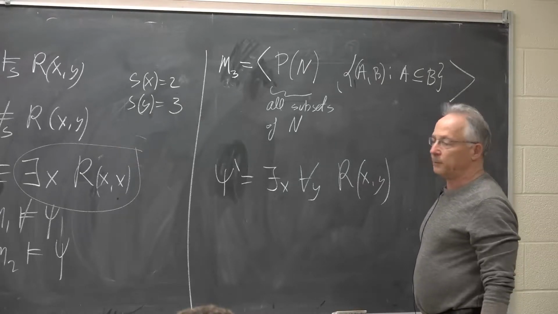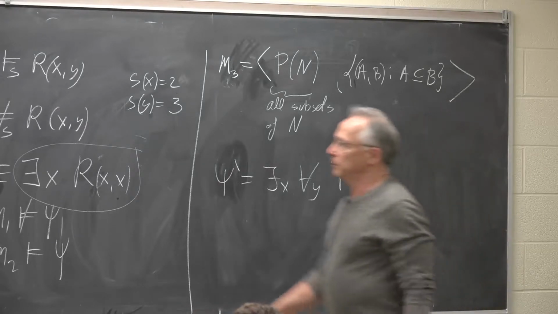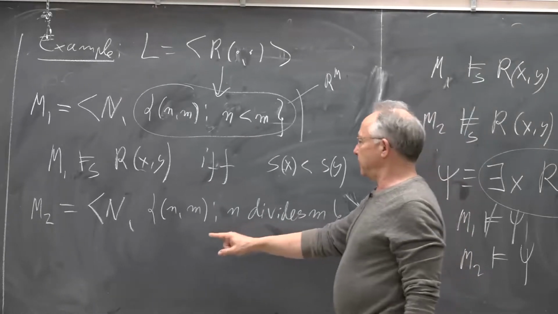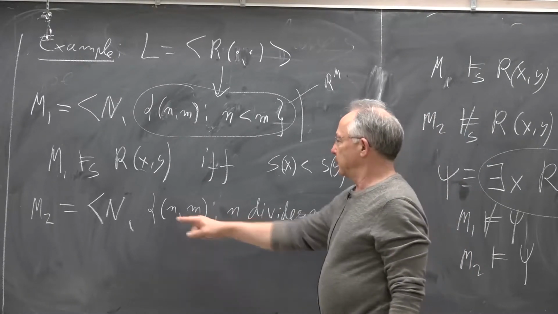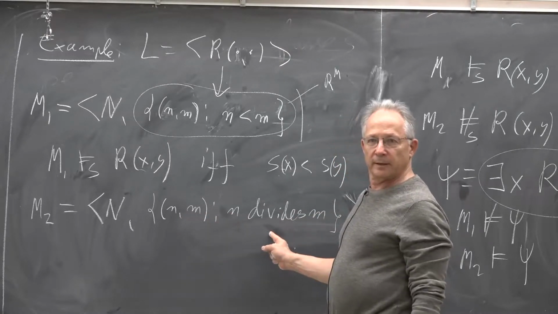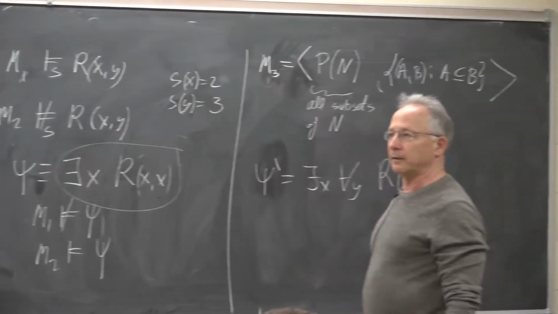What will it mean in M2? It will say there exists an X such that X divides every other number. Is it true or false? Yes, it's true. Which number divides every other number?